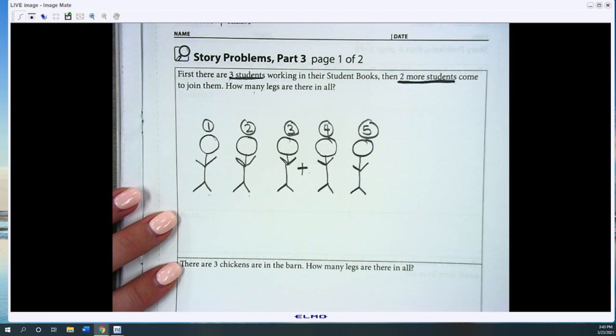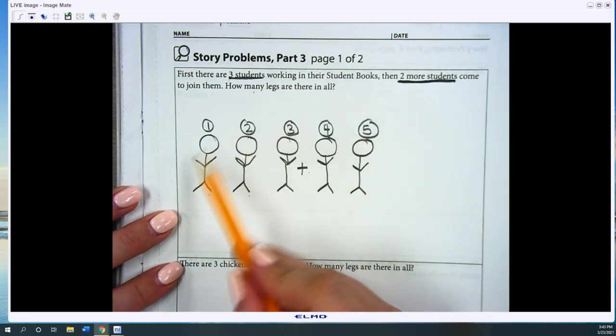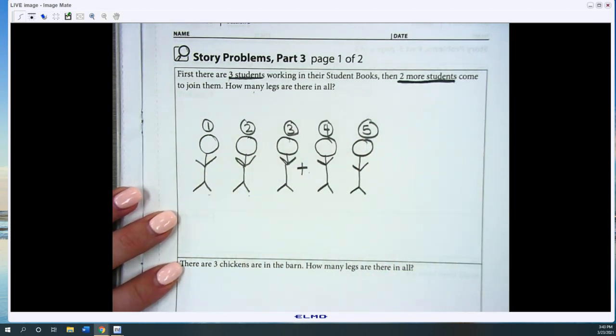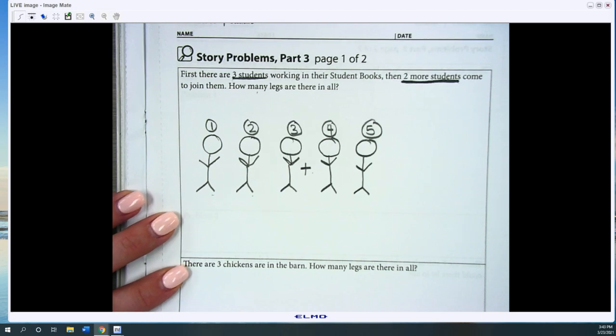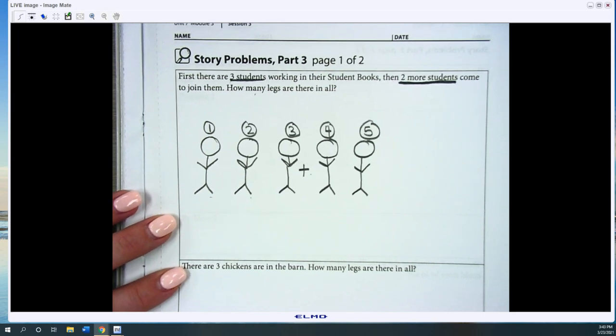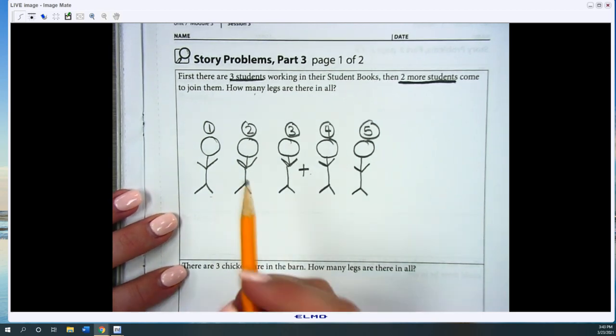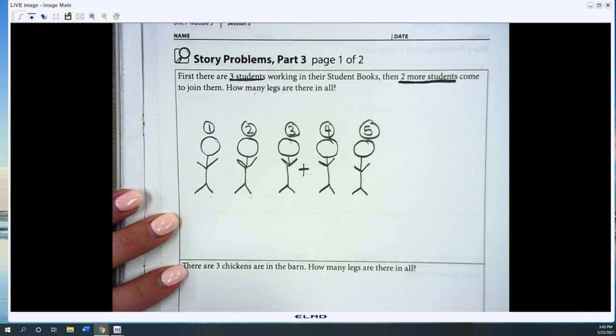But we needed to read the question because we're not done yet. It says, how many legs are there in all? Now I know it's not asking for how many students are together because I know that there's 5, but it's asking how many legs are there in all. Well, I know that there are 2 legs for each person.